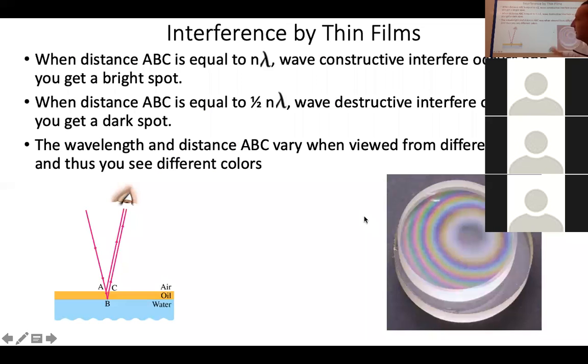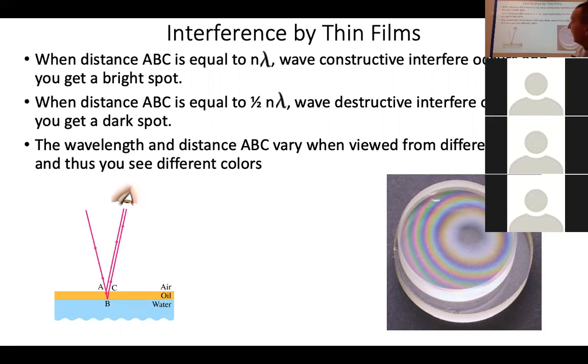All right, so you can see on the picture on the right what I'm talking about. That distance ABC has to be equal to a wavelength or some number of wavelengths.